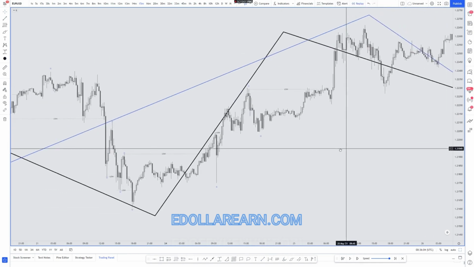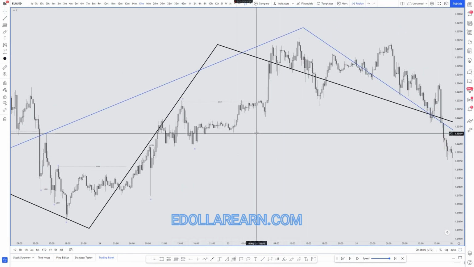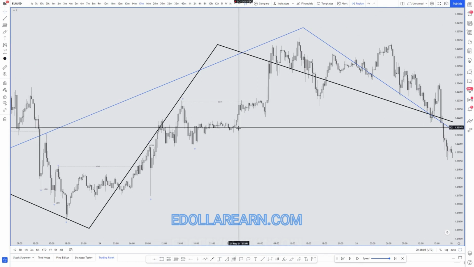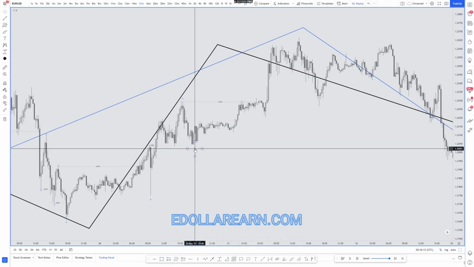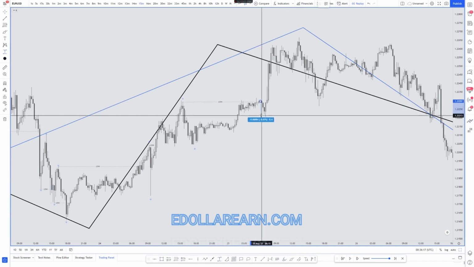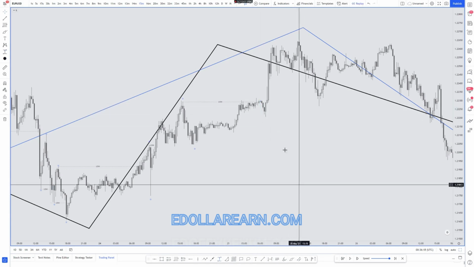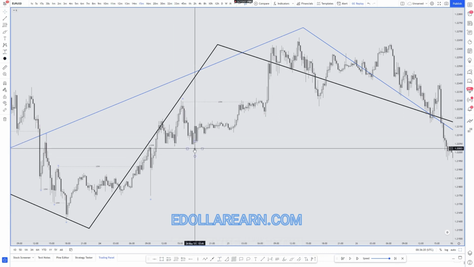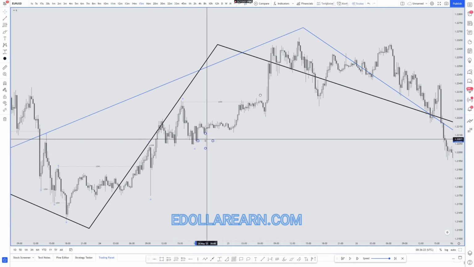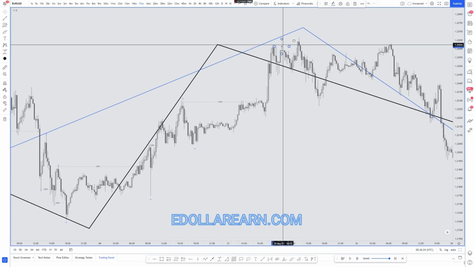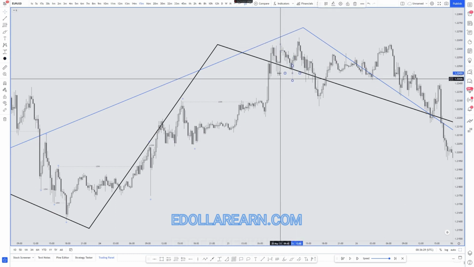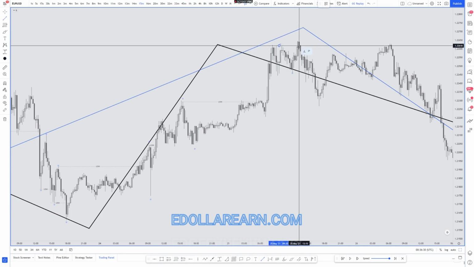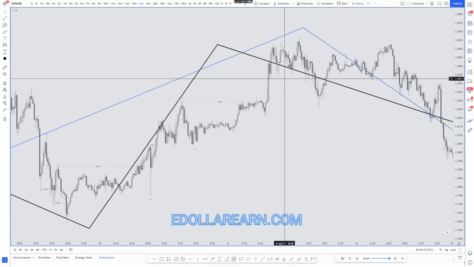I don't really think we need to. There's really no reason to have any extra structure in that area. Now, speaking of this, again, not enough of a pullback, so we can basically call structure the end of this impulse. And you do have enough of a pullback here. It's probably roughly 15-20 pips.